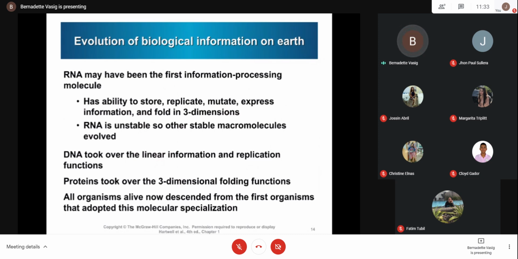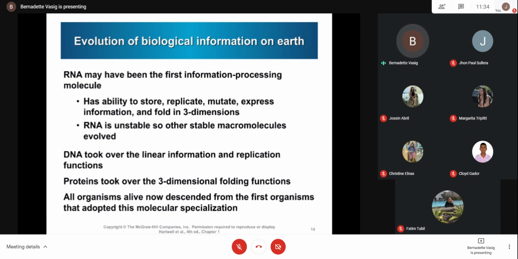Okay. Although RNA is very unstable, it still plays an important role during protein synthesis. So proteins took over the three-dimensional folding functions, and all organisms alive now descended from the first organisms that adopted this molecular specialization.